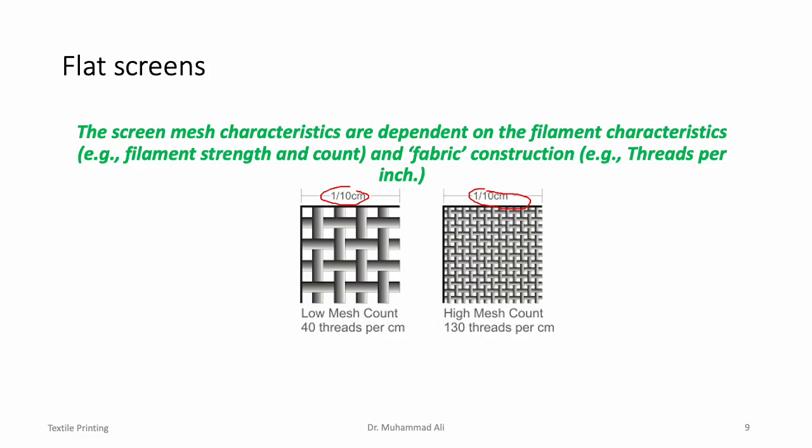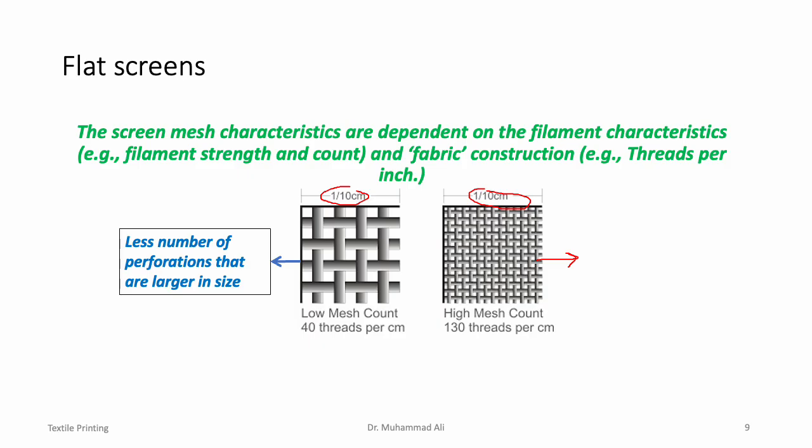So this type of mesh will be considered a low mesh count because there are few threads. On the other hand, the mesh on the right hand side is a high mesh count fabric because there are more threads or filaments per centimeter of the fabric. So you can straight away see the effect of changing the mesh count, that is the threads per inch, on the characteristics of the mesh.